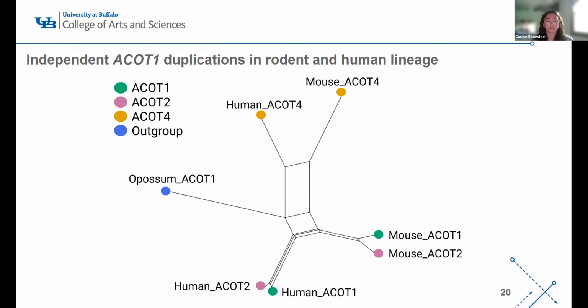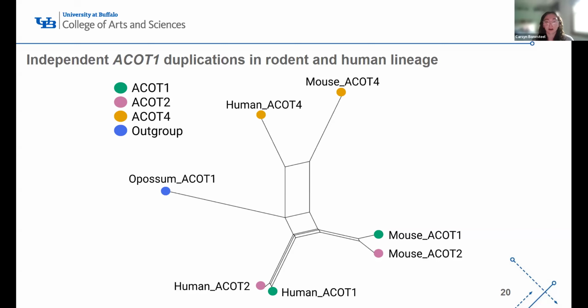Now, interestingly, in rodents, we find a different mechanism for this. So in humans, we have ACOT2 as the ancestral gene, and after its duplication, ACOT1, the duplicated gene, has lost that signaling domain to the mitochondria.